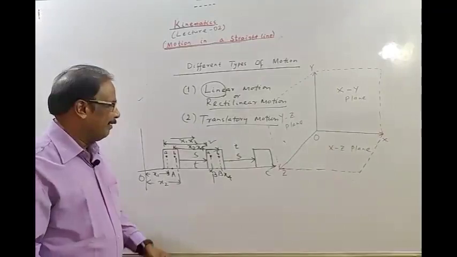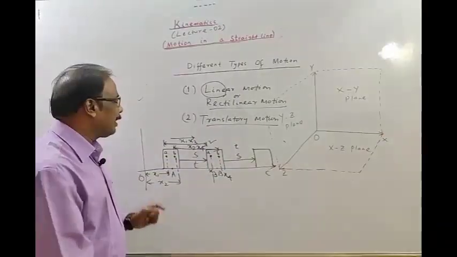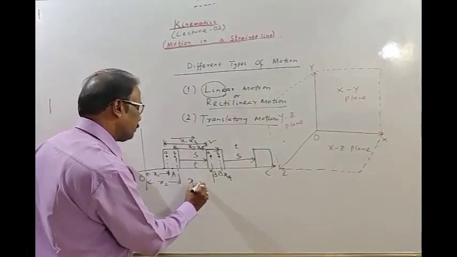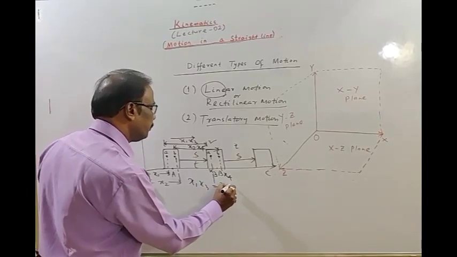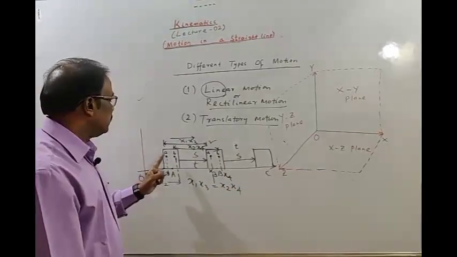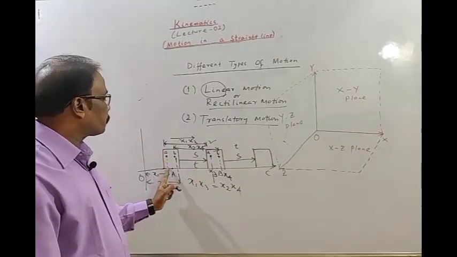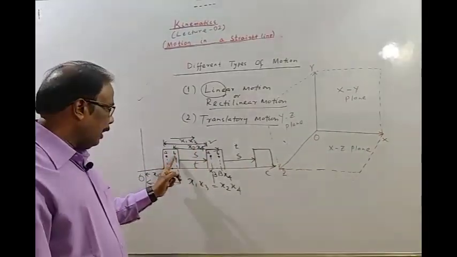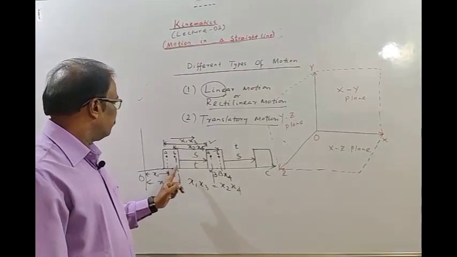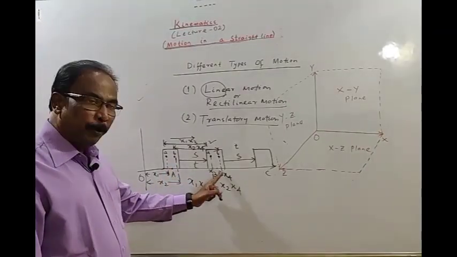Then, according to the principle of translatory motion, the distance x1 to x3 must be equal to the distance x2 to x4.